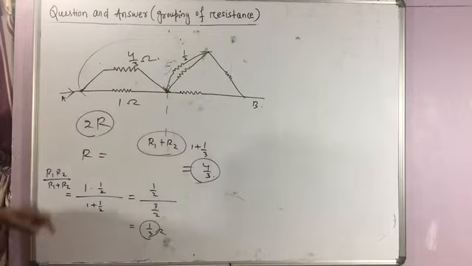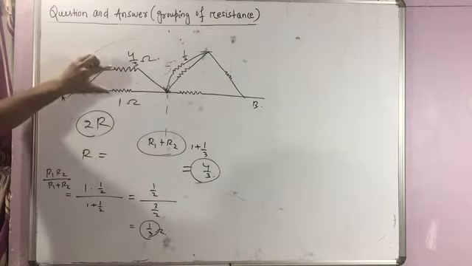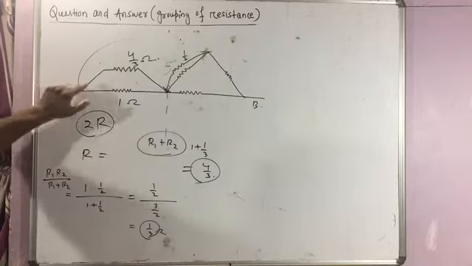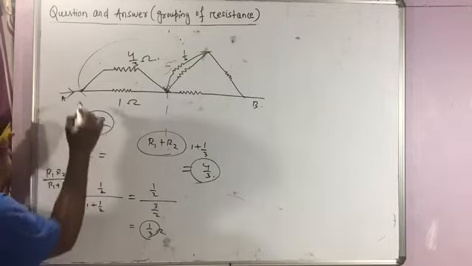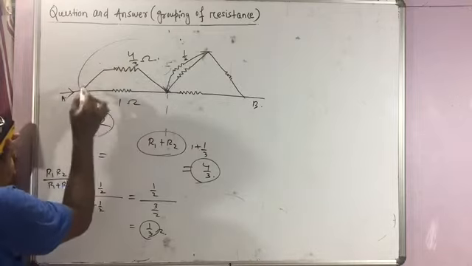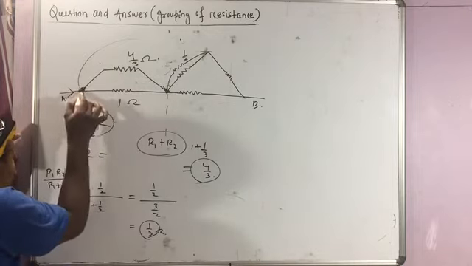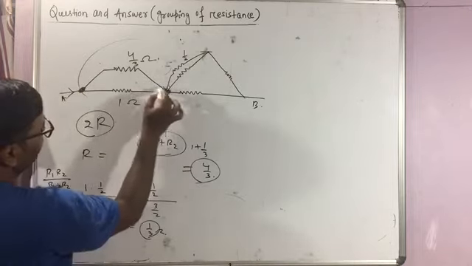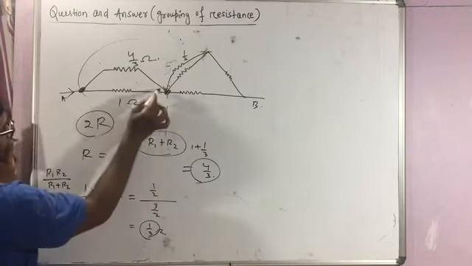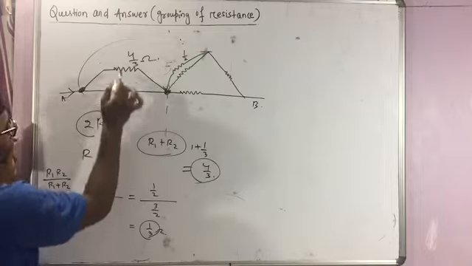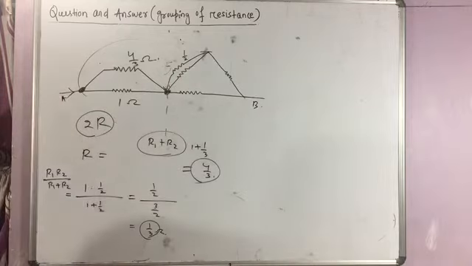Now you see, this 1 ohm and this 4 by 3 ohm are in parallel, because one end of these 2 resistors is connected here and the other end of the same 2 resistances is connected at some other point. Yes, they have two common points, so they are connected in parallel.